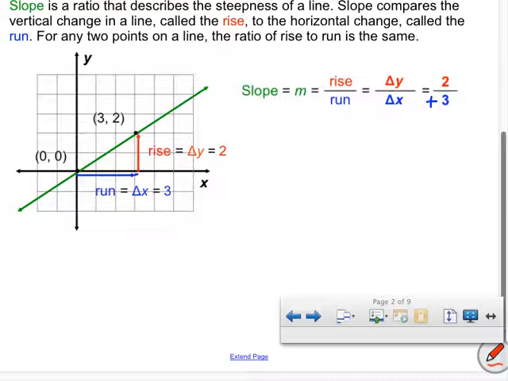I have to go up, I have to rise, and going up is associated with what sign? Positive. So I'm going in the positive direction up. And how many levels do I go up to get there? 1, 2. So it's a positive 2 over a positive 3. Do you guys understand? So slope is going to equal 2/3.